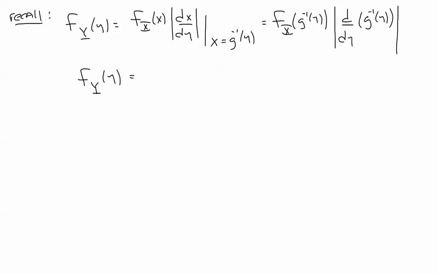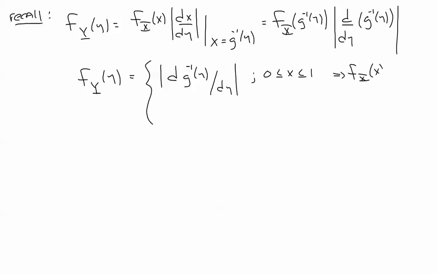So my probability density function for y can be written as the absolute value... on the range 0 to 1, the probability density function for x equals 1, and so I just end up with my probability density function for y being just the absolute value of the first derivative of g. And then it's 0 everywhere else.